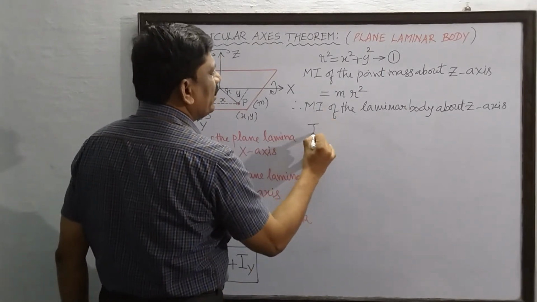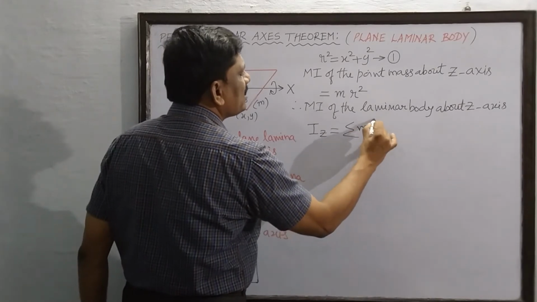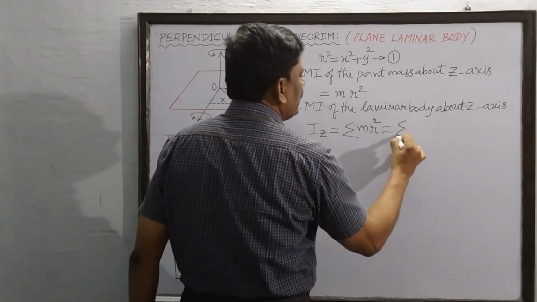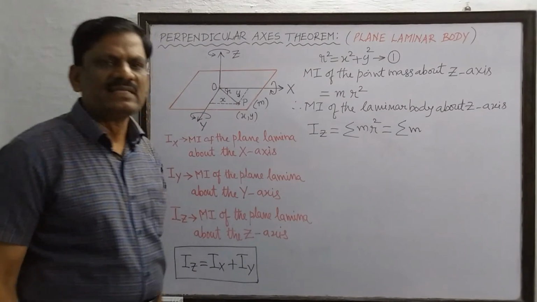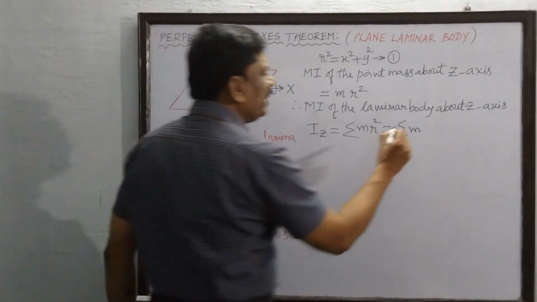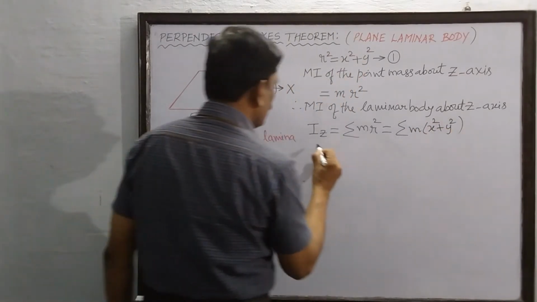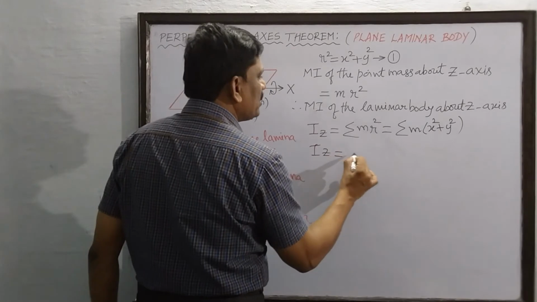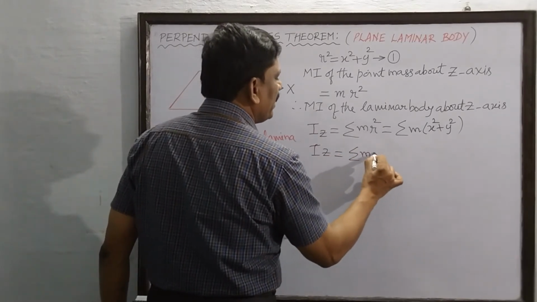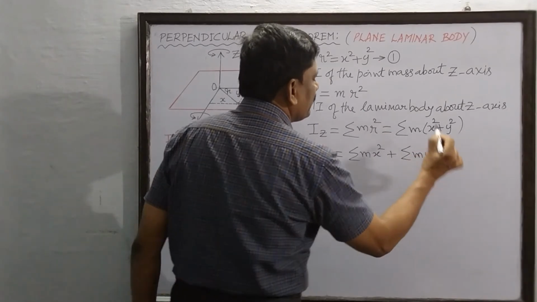So this is denoted as Iz, that is equal to sigma m r square, that is equal to sigma m into, instead of r square, shall we substitute equation 1, therefore I am substituting r square equal to x square plus y square. So Iz is now equal to sigma m x square plus sigma m y square.